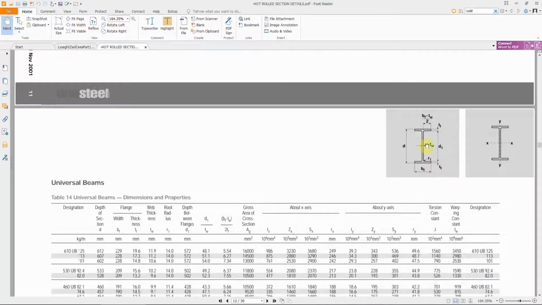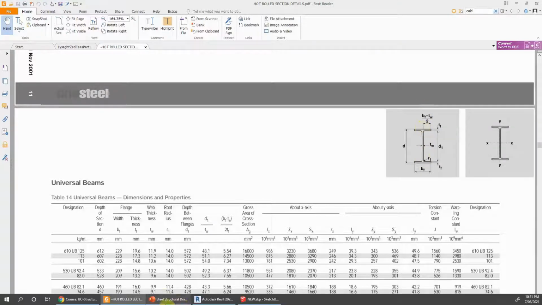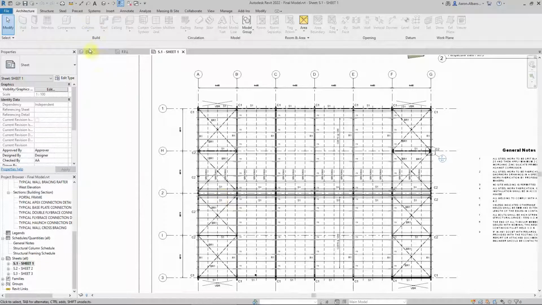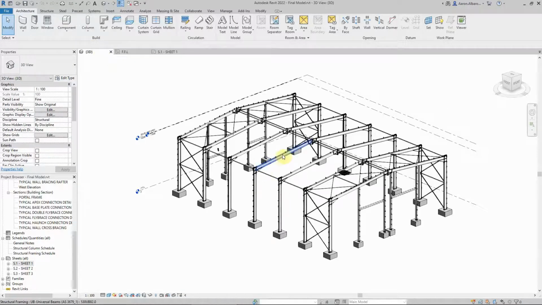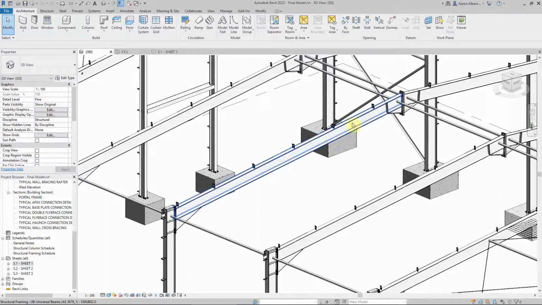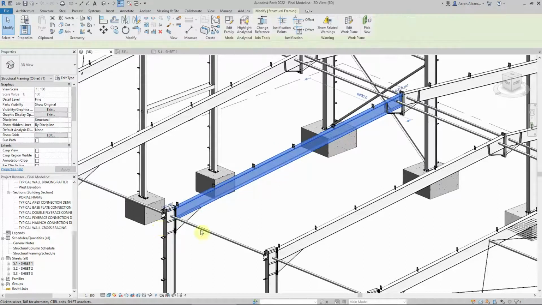Now universal beams are deep and narrow because usually we apply the load in this direction. So we need them to be deep in this dimension here to resist this load, and we will see that in our design. If I show you what we're trying to design, for example, I've got this rafter here. This is made of a universal beam.